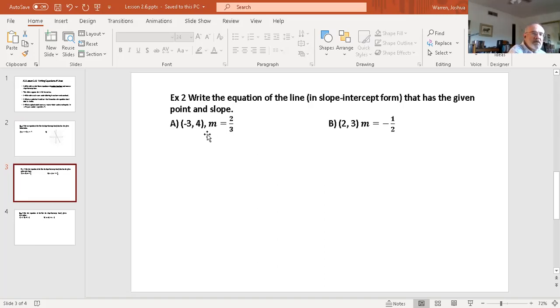And the problem is, again, the first one is a point of (-3, 4) and a slope of 2/3. Let's see, point slope, I'm going to write over in a moment so you'll see this.